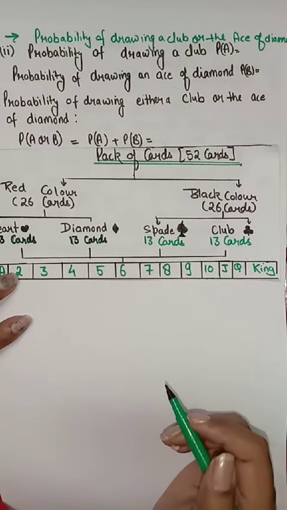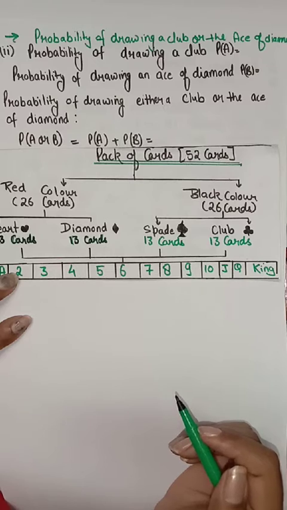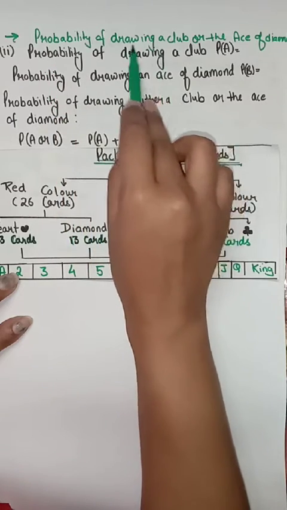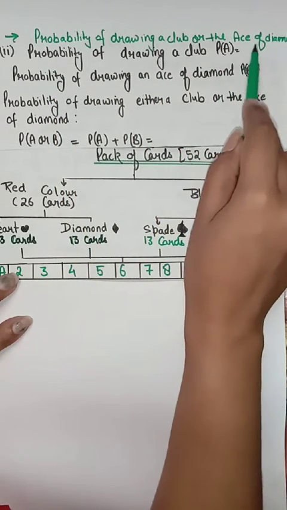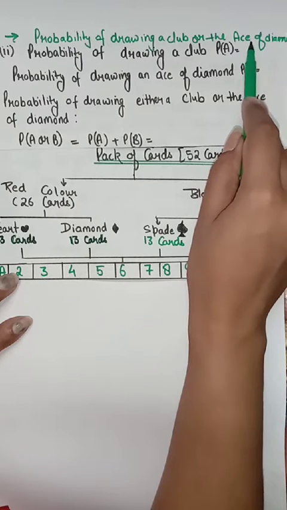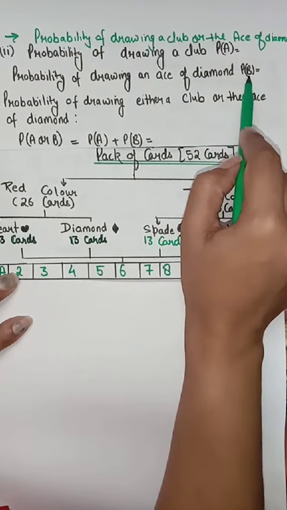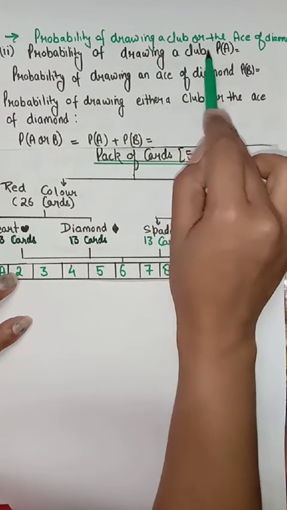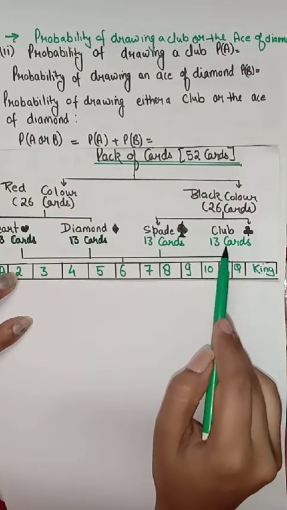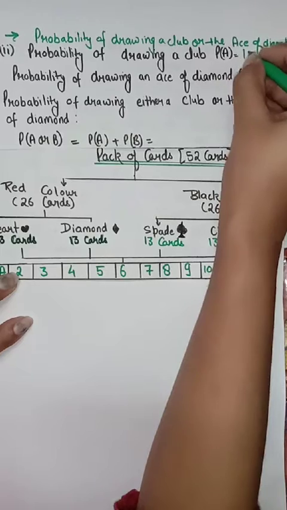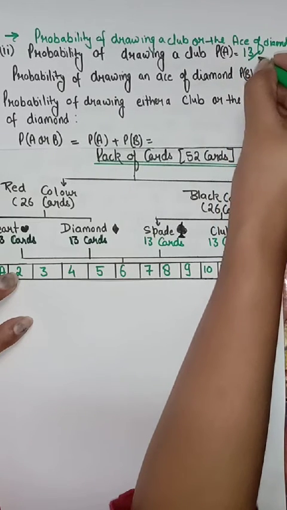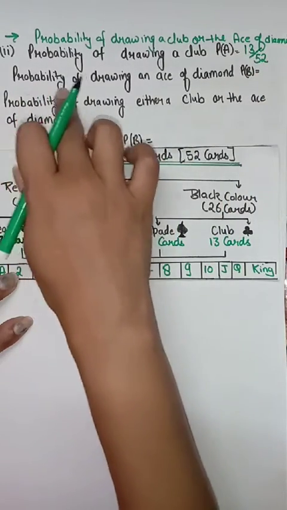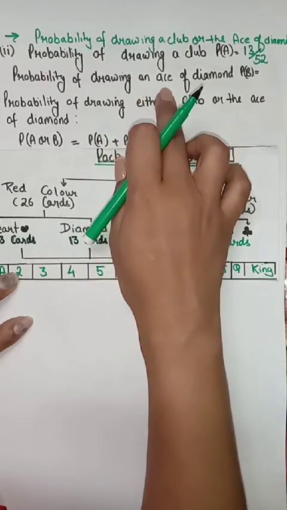The next question asks for the probability of drawing a club or the ace of diamond. Here also you denote the probability of drawing a club as P(A) and the probability of drawing the ace of diamond as P(B). How many cards do we have of club? 13 cards. So 13 are the favorable events and the total number of events is 52. Next, the probability of drawing an ace of diamond.